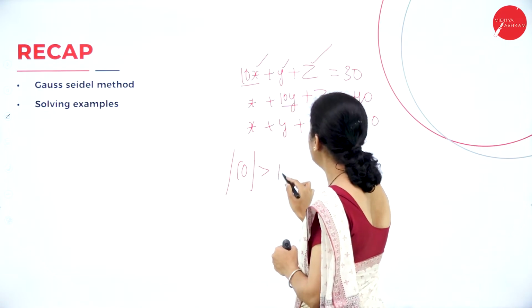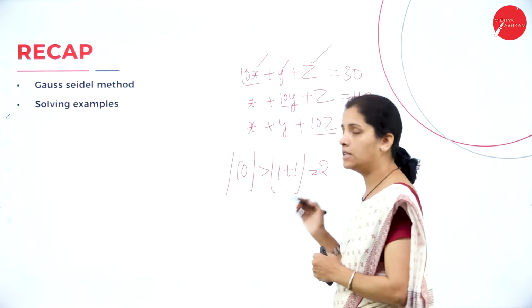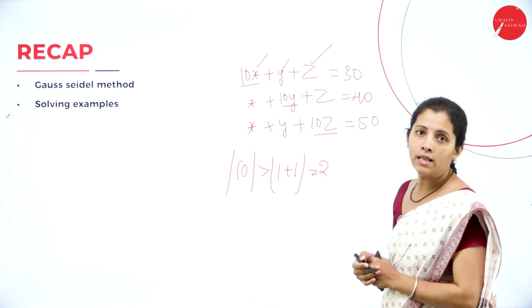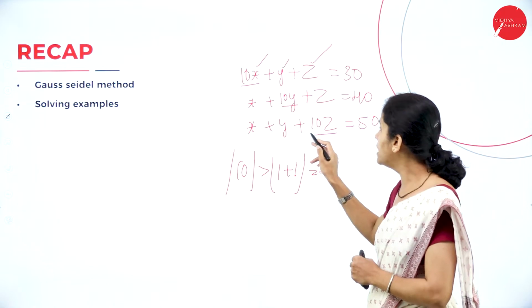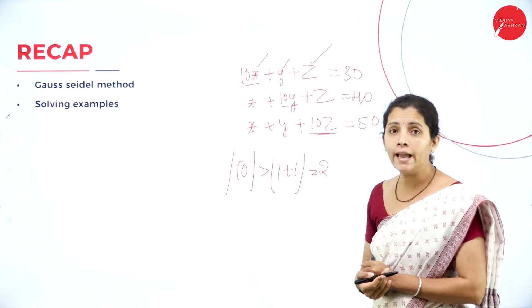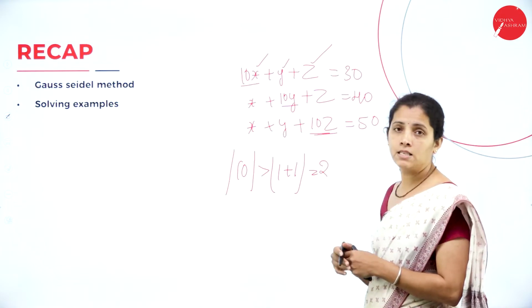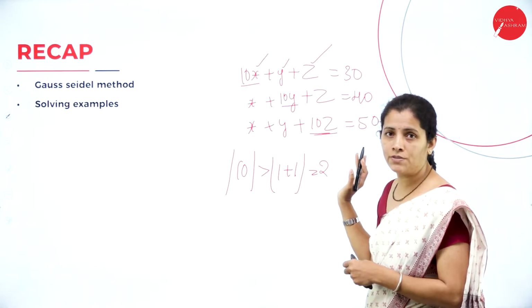So I have 1 plus 1, it is 2. Okay, so 10 is greater than 2. Now, if I consider y, once again 10y is greater than 2. And if I consider z, here 10z, that is 10 is greater than x plus y, that is 2. Okay, fine. Now this condition is satisfied.